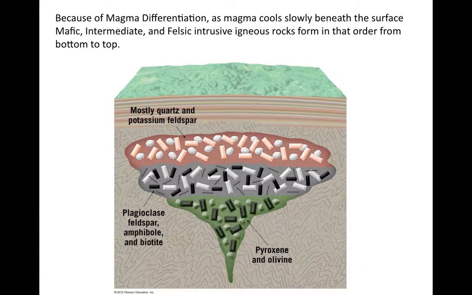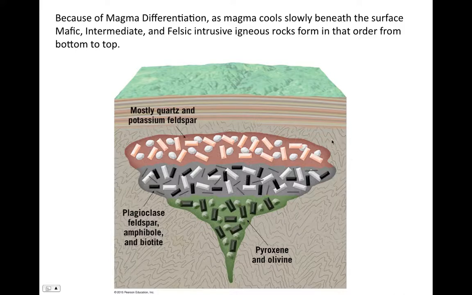Because all the olivine and pyroxene crystallize and settle out first, the rock that forms at the bottom of the magma chamber as it cools is going to be mafic, and it's going to be intrusive because it forms slowly deep beneath the surface. So that would form gabbro. Then we'd have some amphibole, some biotite, and a lot of plagioclase feldspar crystallizing and settling out next, and that forms the intrusive intermediate igneous rock, diorite.